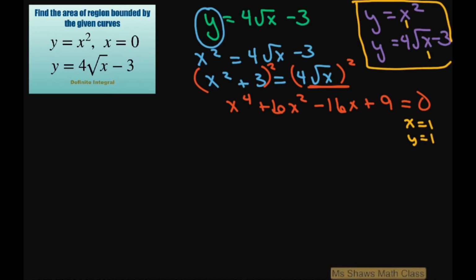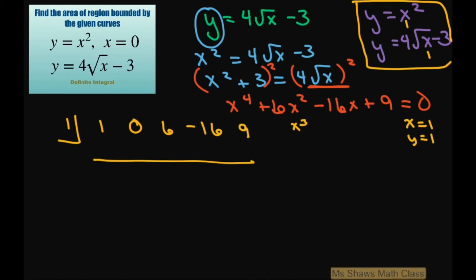What you also can do is use synthetic division. Let's look at 1, and then 0, because we don't have an x cubed, then 6, negative 16, and 9. Go ahead and use synthetic division. Bring down the 1, multiply and add, multiply and add, multiply and add, and then we get negative 9, you get 0.